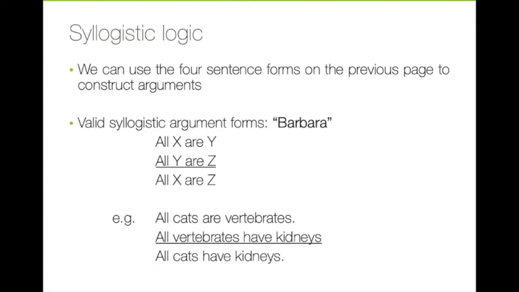So what do we know? This is a valid argument form. Since this is a valid argument, any substitution will also be a valid argument. So in this example, cats is substituted for X, vertebrates for Y, and have kidneys for Z. So we get all cats are vertebrates, all vertebrates have kidneys, all cats have kidneys.